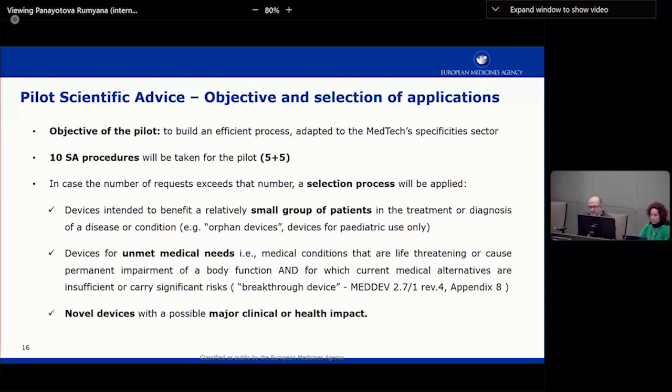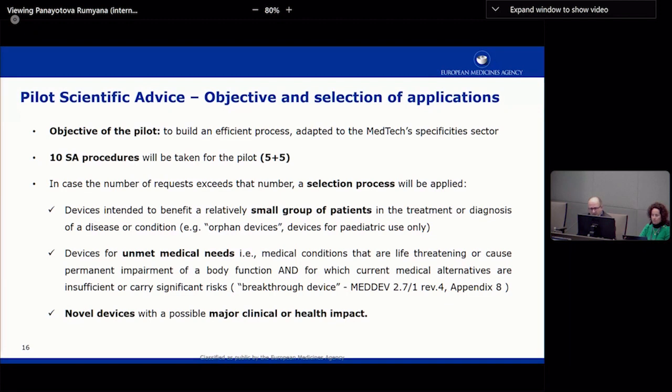So we'll be specifically targeting devices that are developed to help treat or diagnose a disease or condition that affects a small number of patients, namely what is commonly called the orphan devices, or devices developed for pediatric use only.